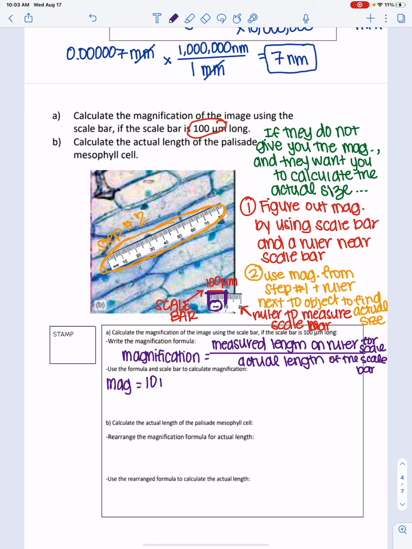So 10 millimeters, that's our measured on the scale bar. And I'm going to put "on ruler" just to help you keep those separated. And then you're going to put the actual length, and that actual length is usually written above the line. So that's going to be our 100 micrometers.